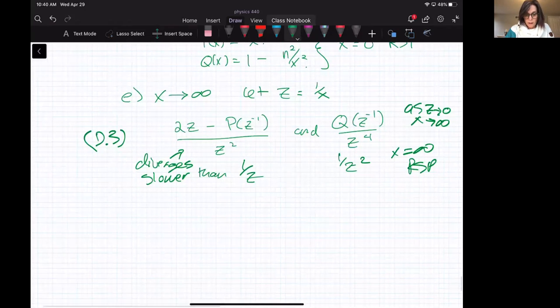So why are we doing this? We'll state without proving Fuchs's theorem, which makes this all possible.